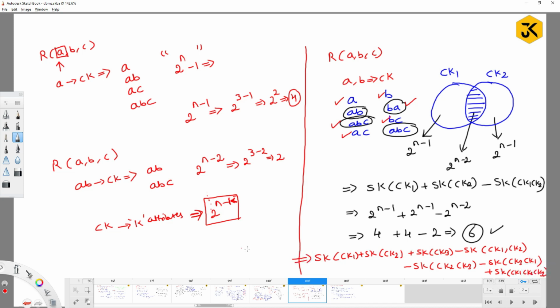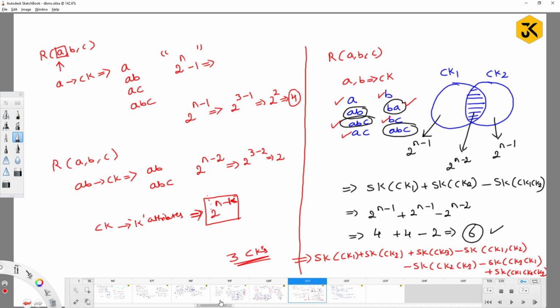This is if you are going to have 3 candidate keys. So like this you can find the candidate keys with the help of closed set of attributes. This is one more advantage of closed set of attributes, right?